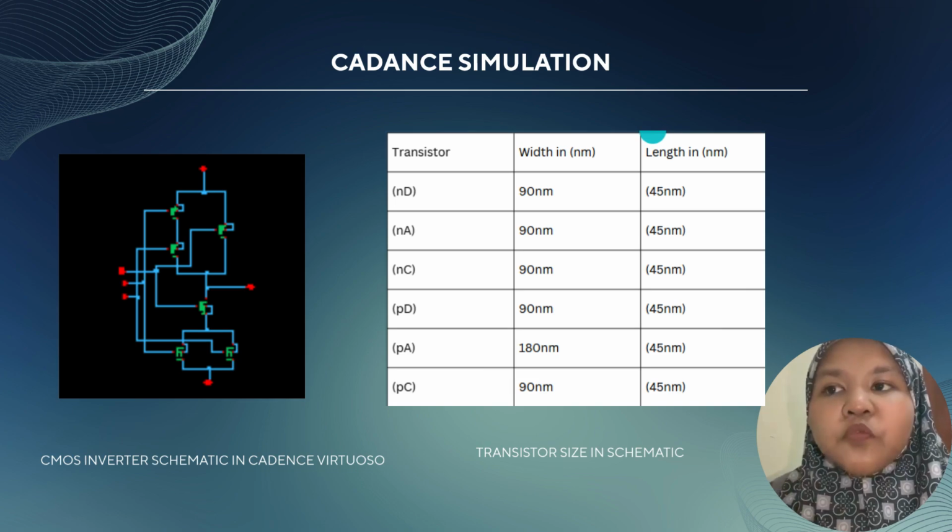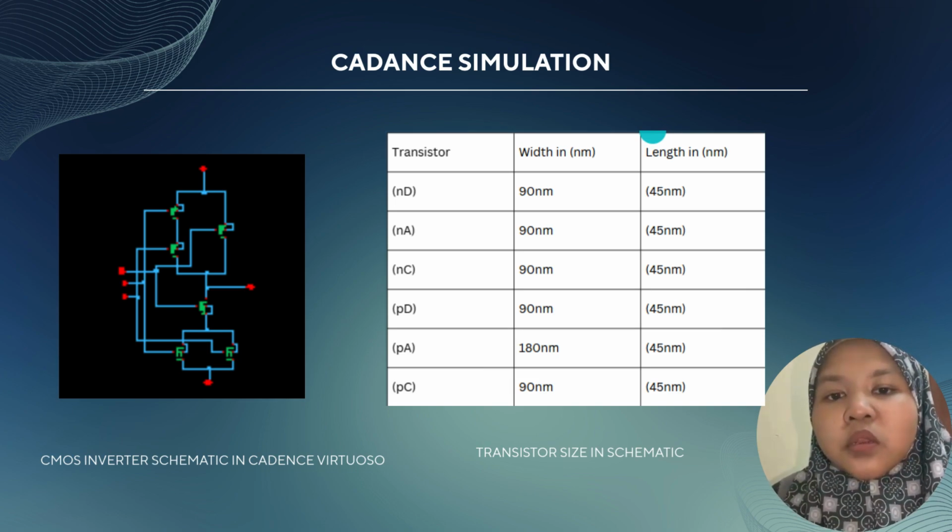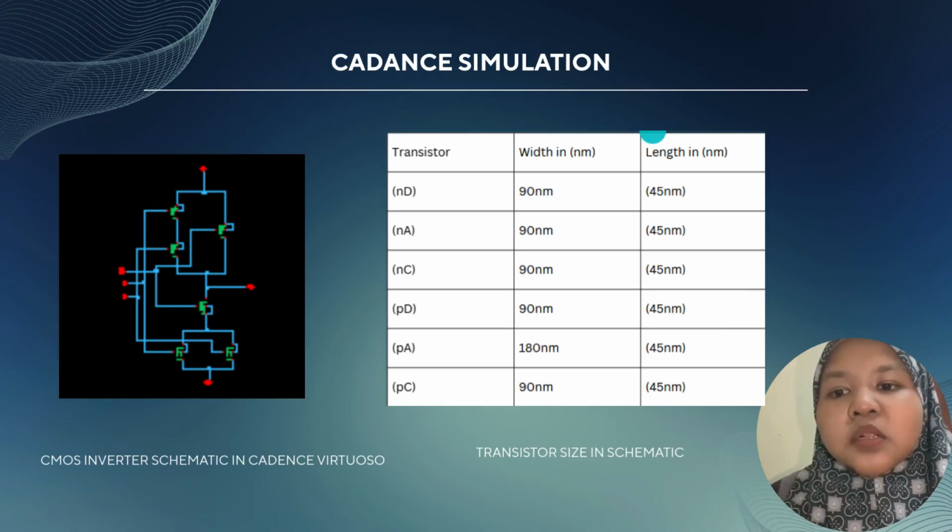Next we move to the Cadence simulation. As we can see, we have already drawn the CMOS inverter schematic in Cadence Virtuoso, also with the transistor size in the schematic. For NMOS and PMOS, we have different width values in nanometers.